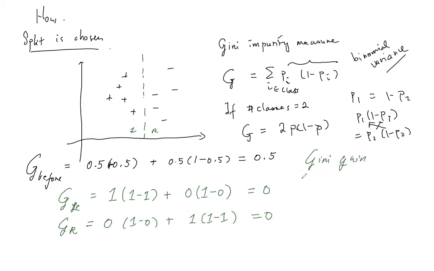So the Gini gain is basically the Gini index before, subtract the weighted form of your left and right. Okay, so the weighted form here is to give the evidence.